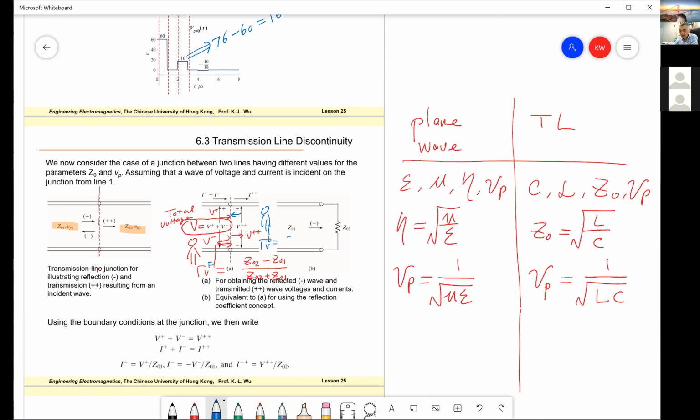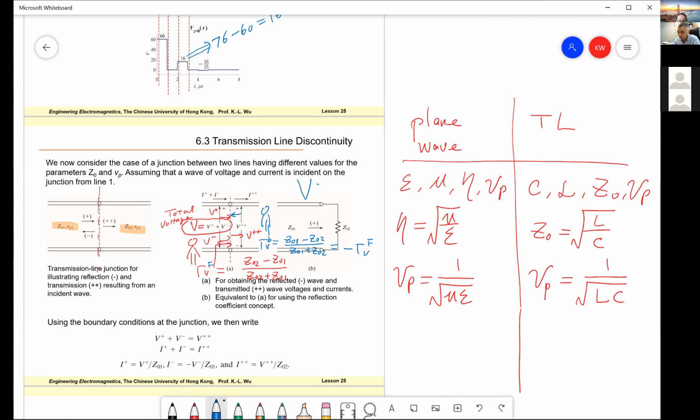Then this is the impedance of transmission line 1 that you see, and you add them. So this you can say is the minus forward reflection coefficient.